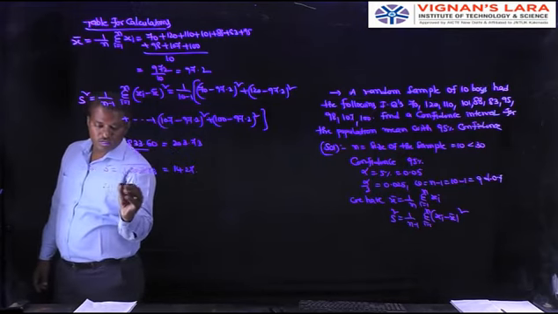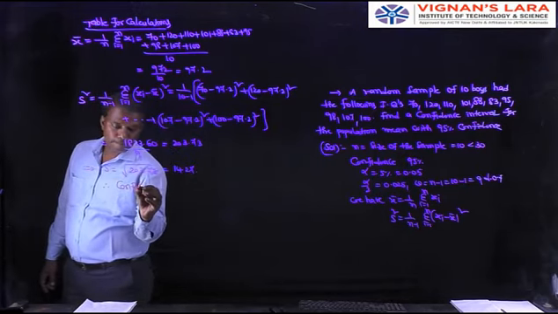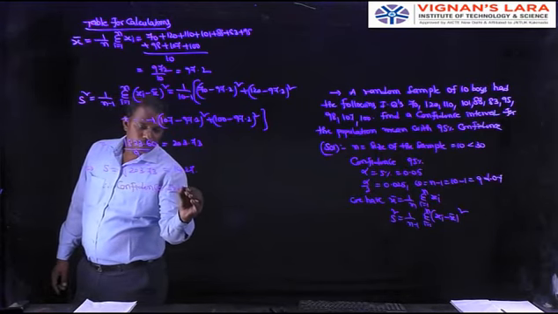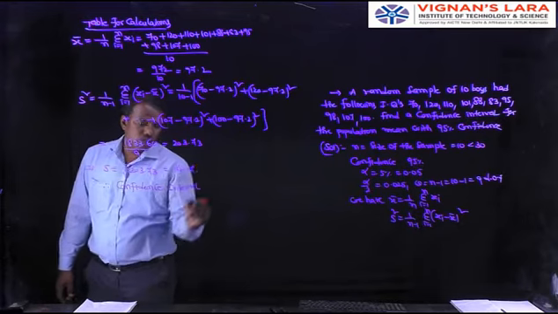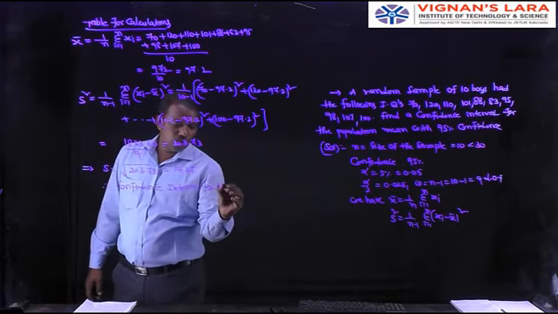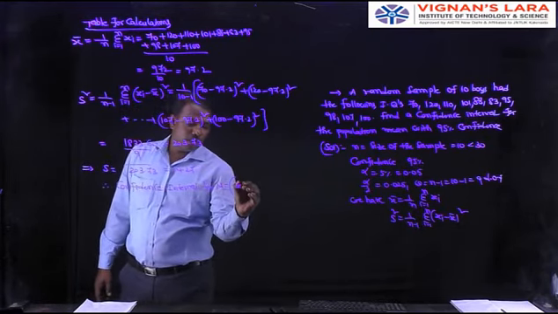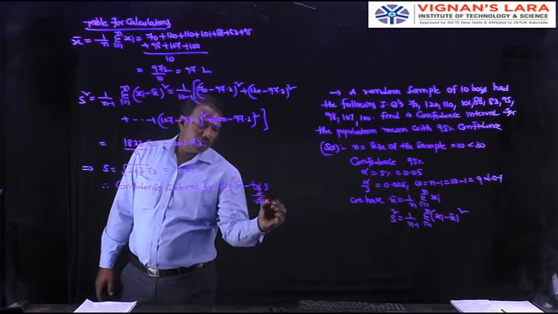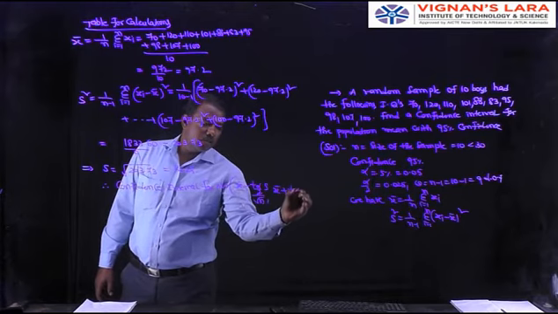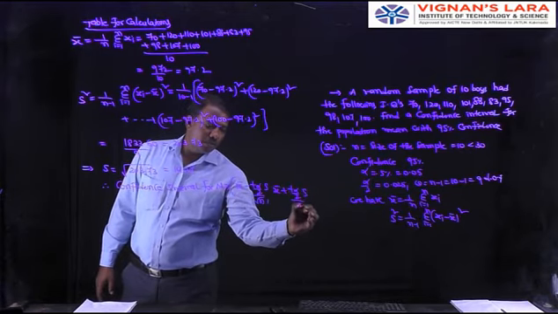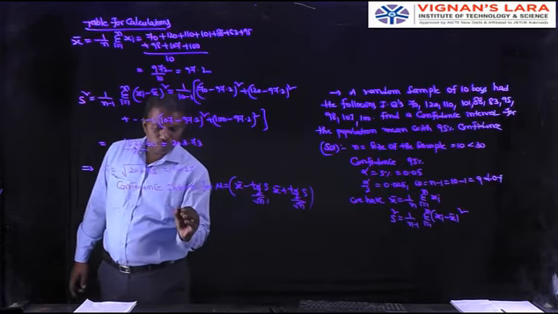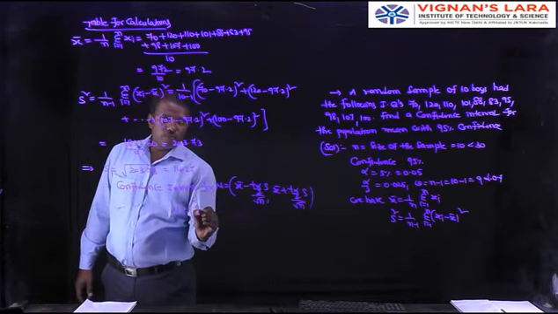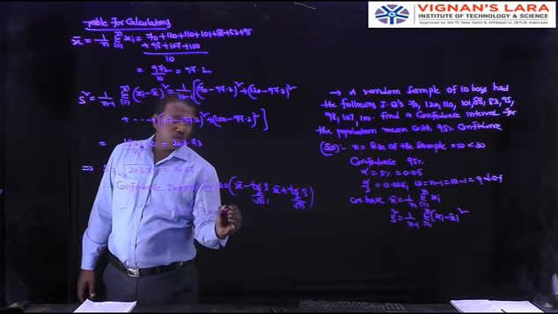Therefore, the confidence interval for mu is mu equals x bar minus t alpha by 2 into s by root n, comma, x bar plus t alpha by 2 into s by root n. So mu is x bar, which is 97.2, minus 2.